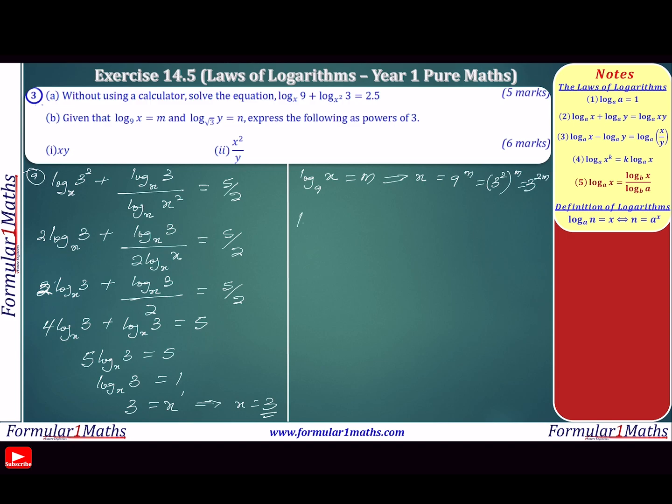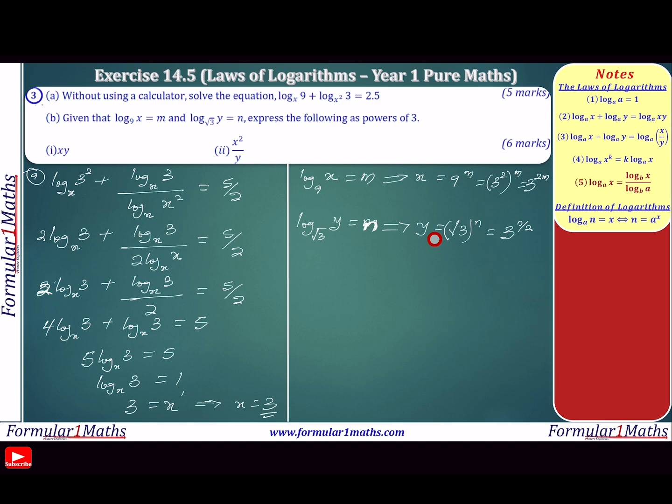Similarly, log to the base of root 3 of y equals n implies that y is equal to square root of 3 raised to the power n. But square root of 3 is 3 raised to the power half, so it means this is the same as 3 raised to the power n over 2. So now we have the values of x and y.